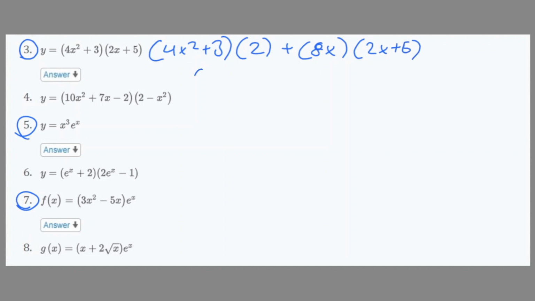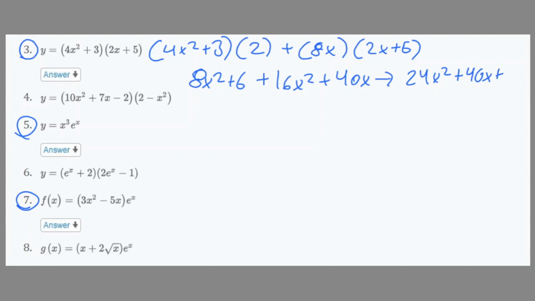Now if we simplify all that, we get 8x squared plus 6, and that's added to 16x squared plus 40x. Now if we simplify all of that, we get 24x squared plus 40x plus 6. And that would be your final answer for number 3.